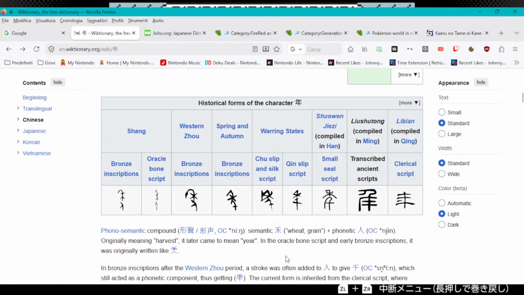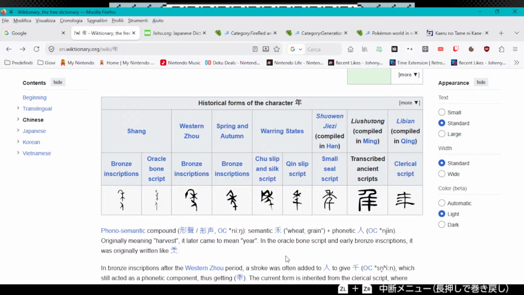And as I was saying, because I wanted to introduce its components, phono-semantic compound as usual. The semantic part is the plant stalk. Then it says here wheat or grain.